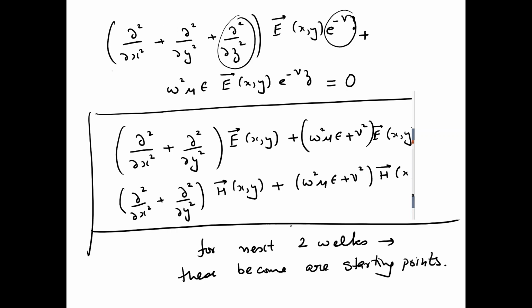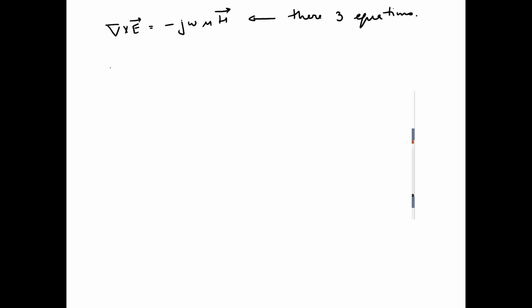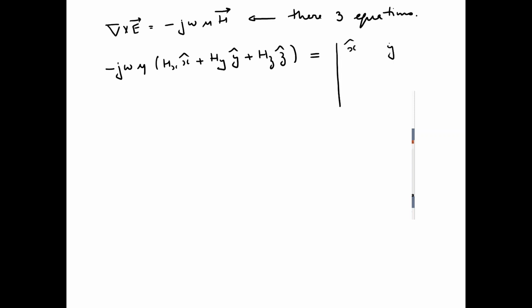So if I was going to write this equation over here, we can expand it out and we can learn some important things. H could have a component in x direction, a component in y direction, and a component in z direction. And doing del cross E, let's go back to the simple matrix form.